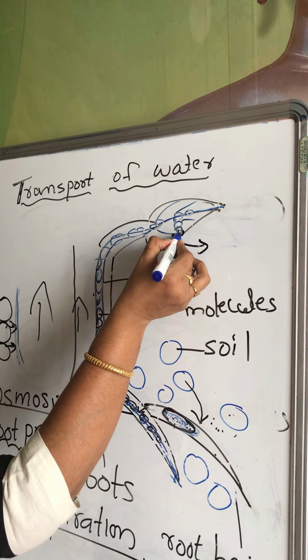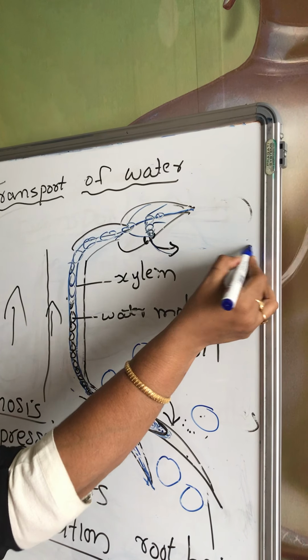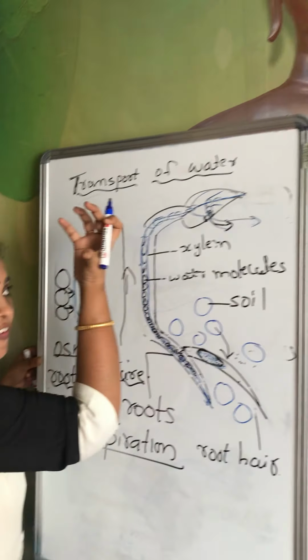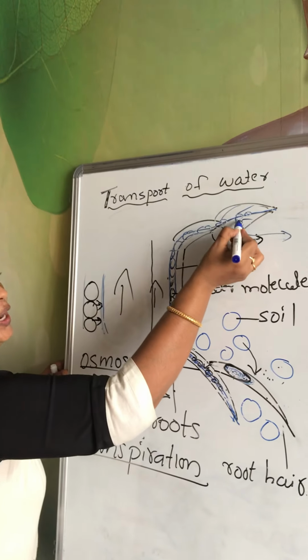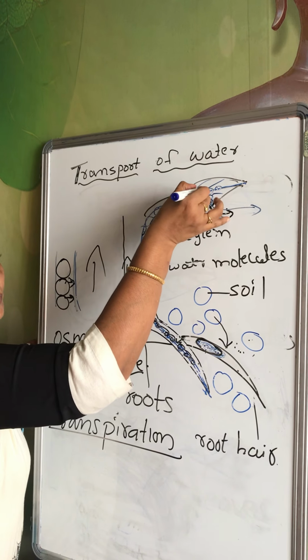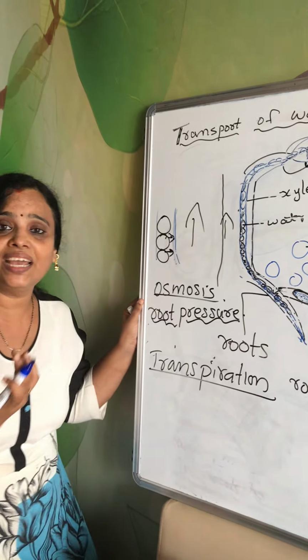Now what you have to understand is that this is forming a continuous column. Once the water molecule is evaporated into the air, this molecule moving outside will first pull the second molecule into it. The second molecule also gets evaporated, then it will pull the third molecule, because it is forming a continuous column. So a suction force, or pulling force, is developed, just like when you take a cool drink through a straw.